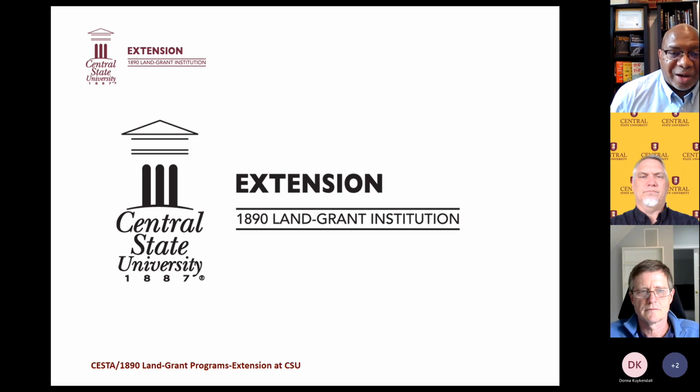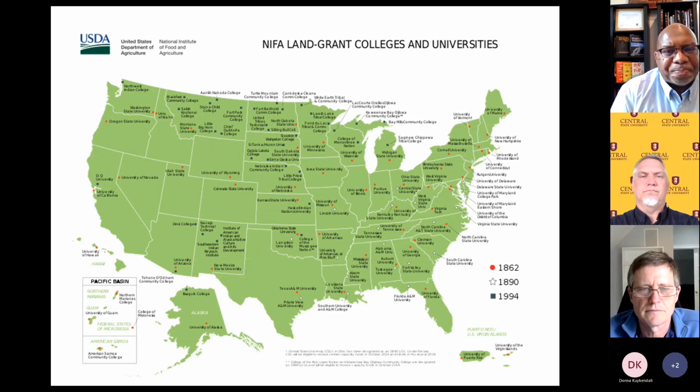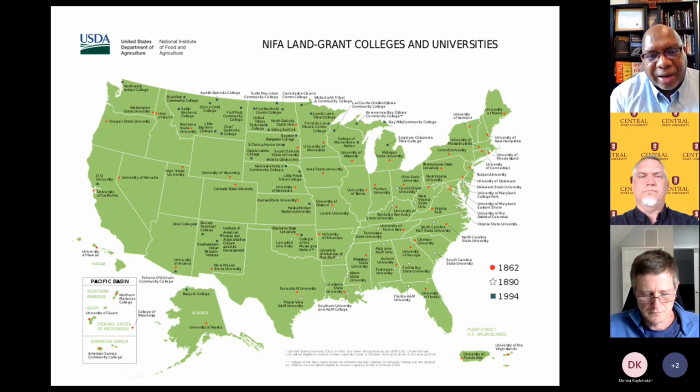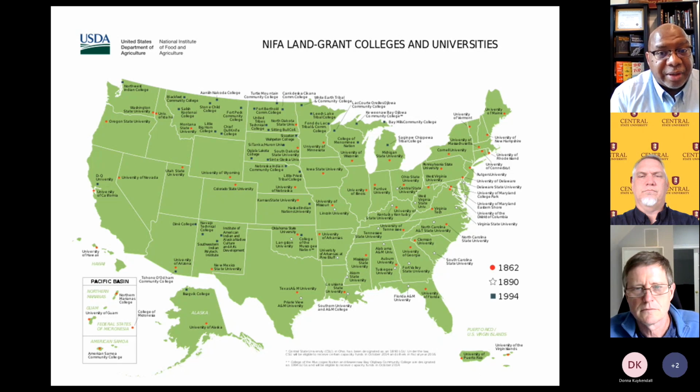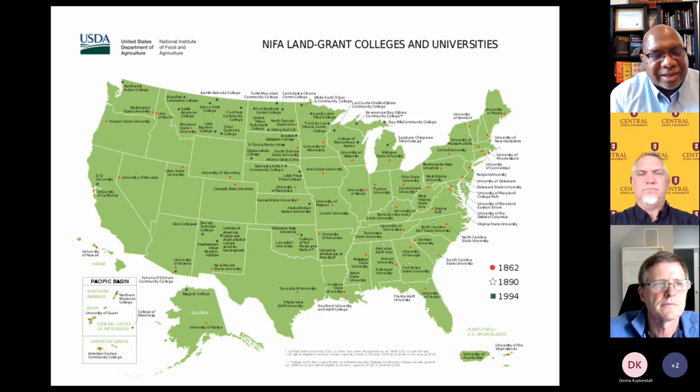Now, when we talk about the Cooperative Extension Service, we have a map here put out by the USDA, which has dots to illustrate where the different institutions are located and what type of institutions they are. The red dots are for the 1862 land grants, the stars are for the 1890 land grants, and the squares are for the 1994 land grant institutions. They are spread across the country.